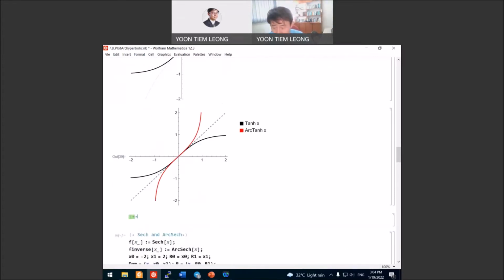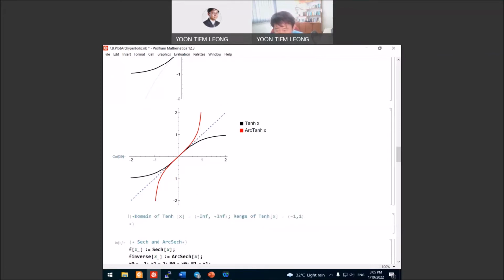So here again, I just write down that the domain of the hyperbolic tangent function of x is just minus infinity to positive infinity, which is basically the real numbers, and then the range of the hyperbolic tangent is just going from -1 to 1, but not included.